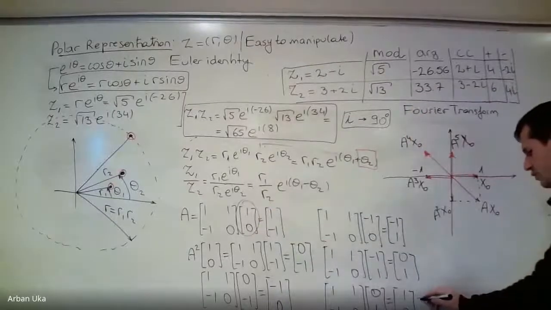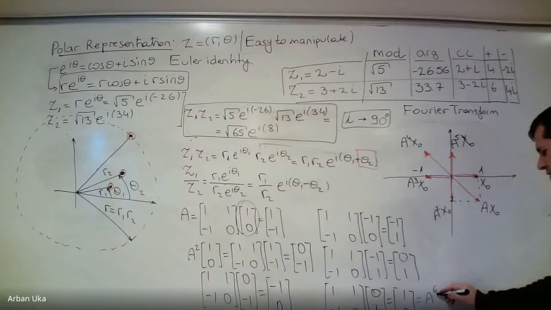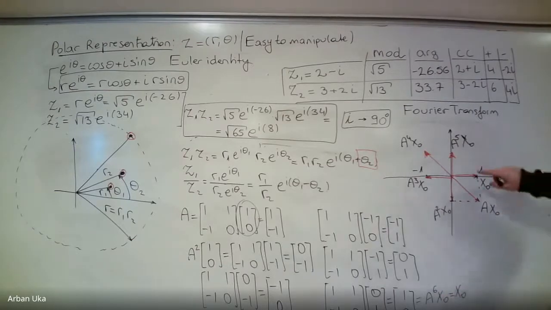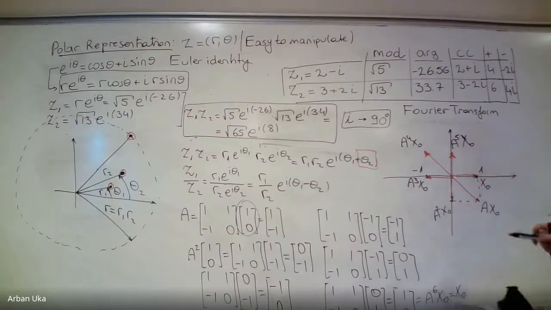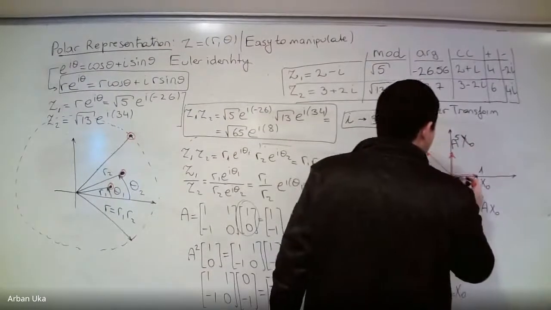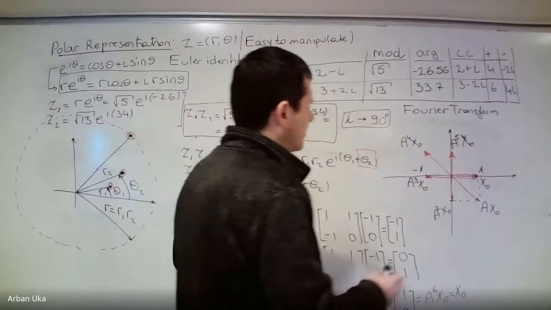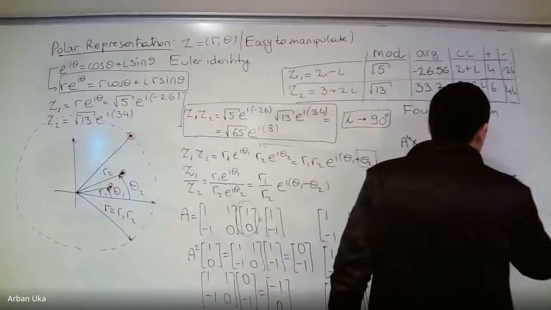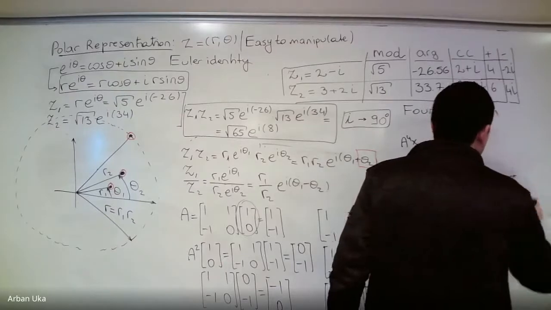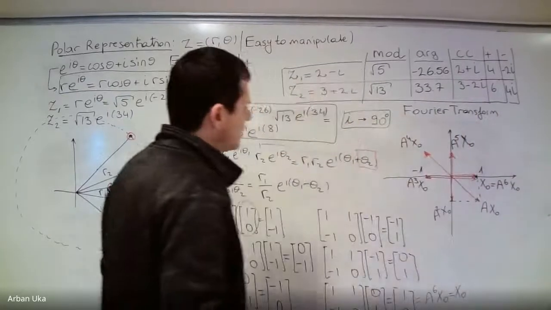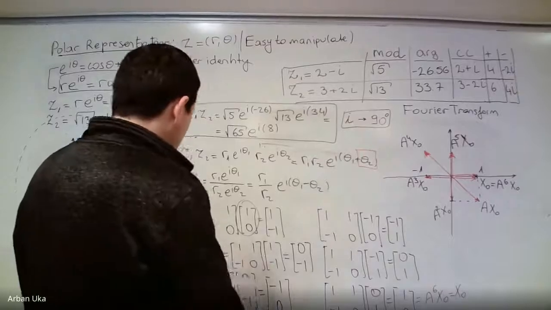This is A to the power 6 times x0. We got x0 because we rotate this vector again, and we obtain this vector here. Would you agree? So it looks like x0 is equal to A to the power 6 times x0.